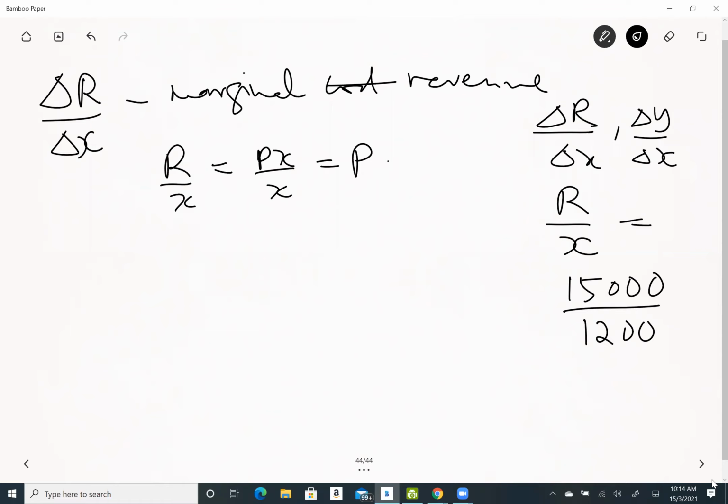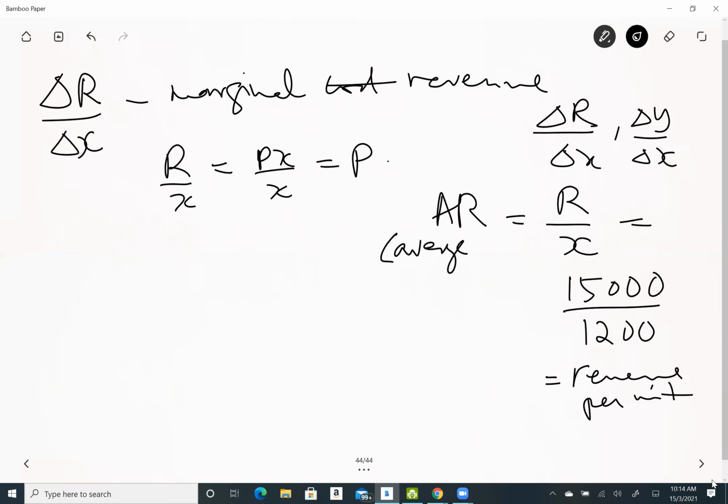So revenue per unit is what? So that is revenue per unit. We call this average revenue, AR. So anything that you divide, quantity over quantity, is average. Change over change is marginal.